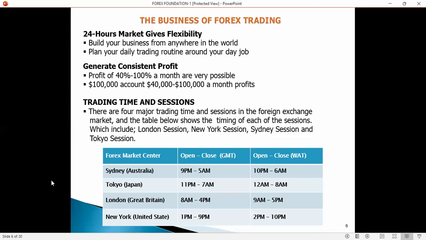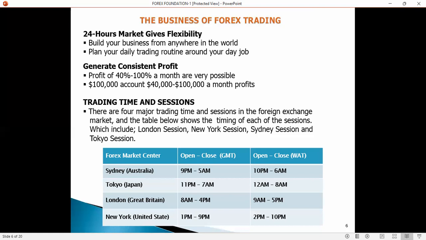After the opening of the Sydney session, which is Australia, two hours later you see the Tokyo market open, which is the Asian market. That opens from 11 p.m. to 7 a.m., just two hours different.